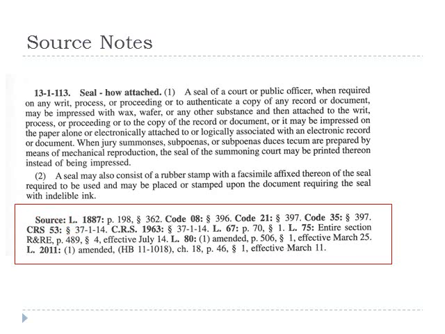And this is true for all source notes. They immediately follow the text of the code section. So the source note starts with the word source, and then you'll see a number of these abbreviations that follow, letters and numbers and words, starting with L1887, Code 08, Code 21, Code 35, CRS 53, 63, etc.